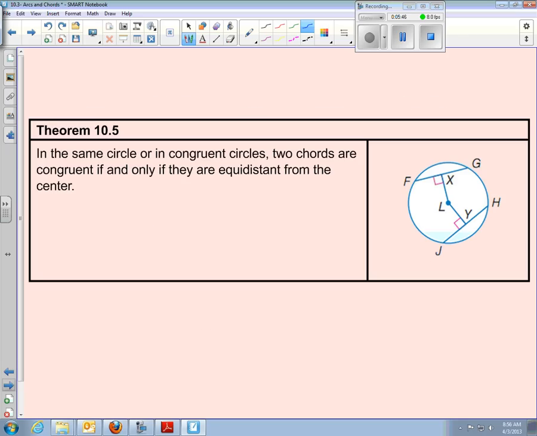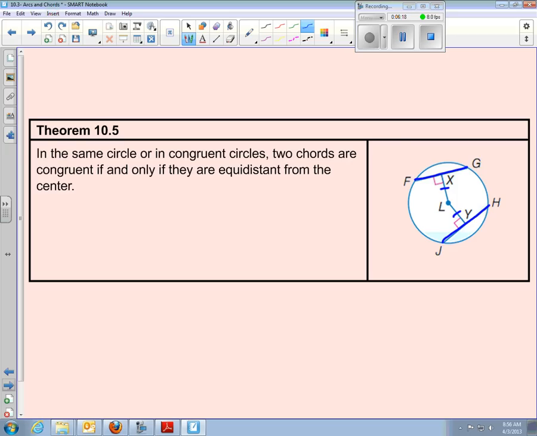All right, in theorem 10.5, it says, in the same circle or in congruent circles, two chords are congruent if and only if they are equidistant from the center. So this chord here and this chord here, sorry, let me try that again. Those are going to be our equidistant, and they are going to make our two chords, FG and JH, congruent if they're equidistant.